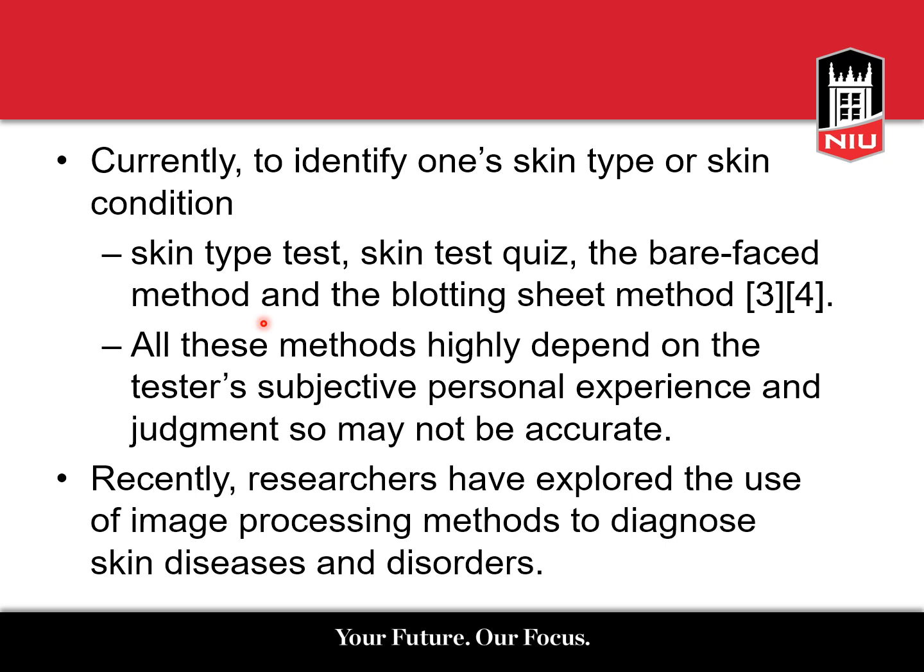Or they use a very special sort of paper, a blotting sheet method, to find out the skin type. However, all those methods highly depend on the tester's subjective personal experience and judgment, so they are not very accurate.